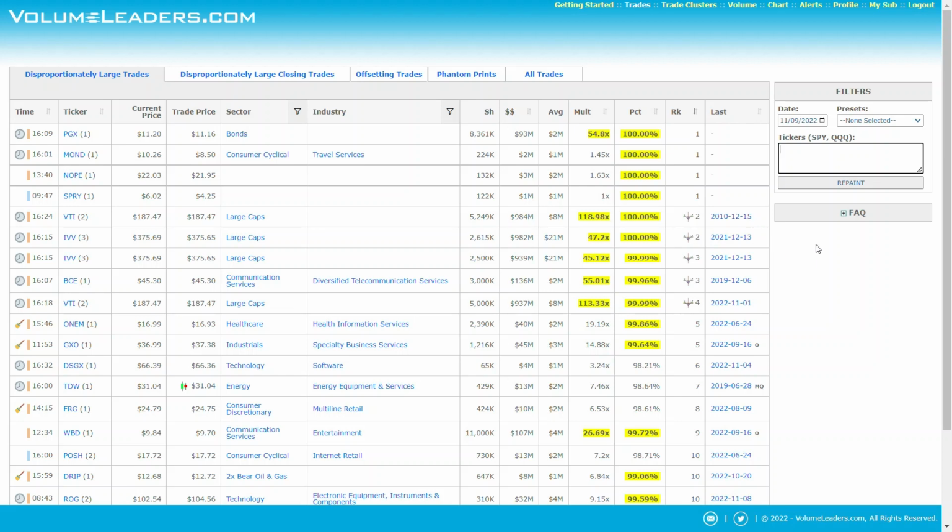Something I want to look into. Maybe not red flag, maybe it's a green flag. But the point is it stands out, and I want to do more research on it. Likewise, these two IVV trades, they're not nearly as rare as that VTI trade, but they're still sufficiently rare. It's been a year since this much size has traded for this guy.